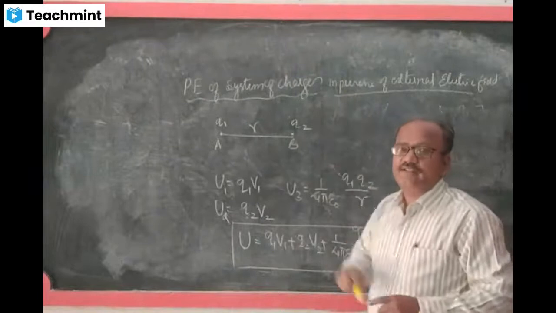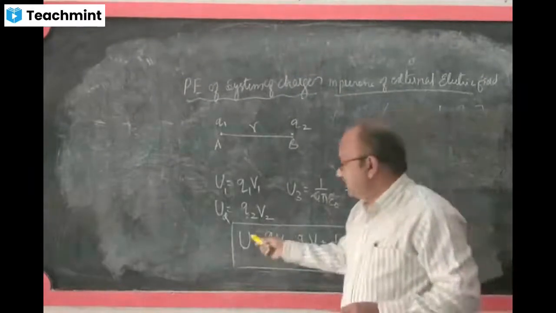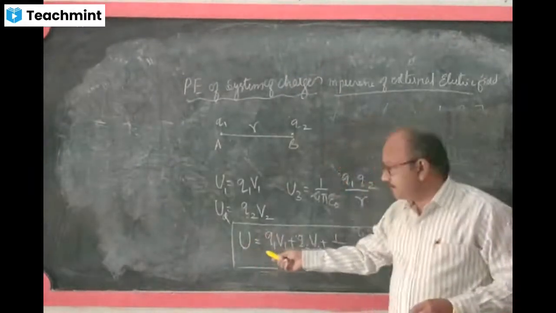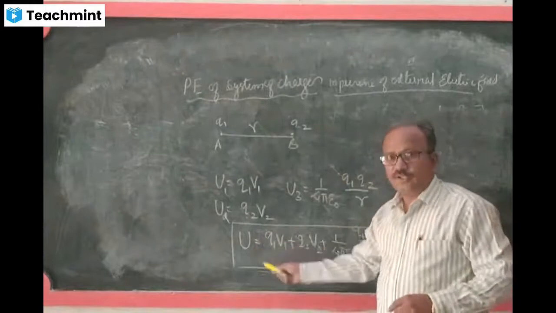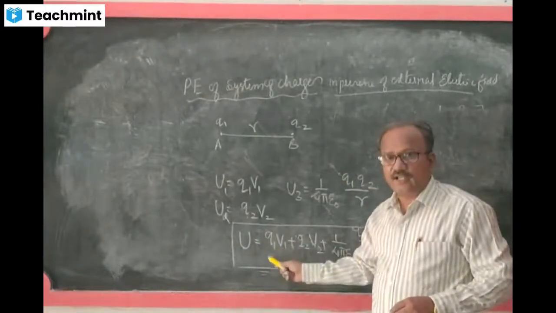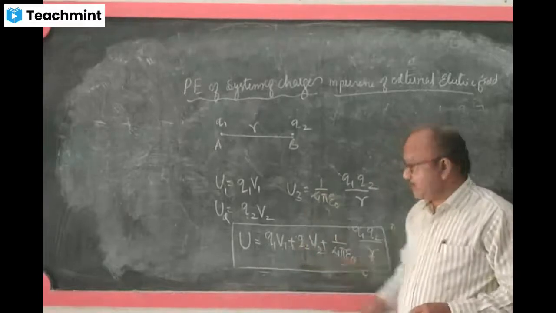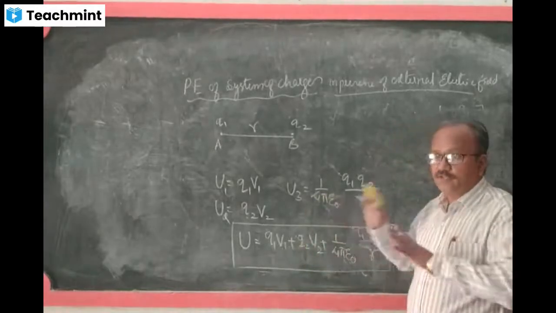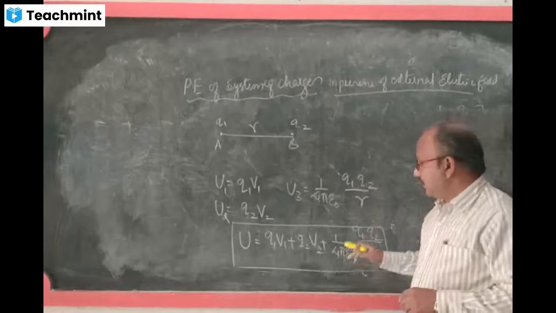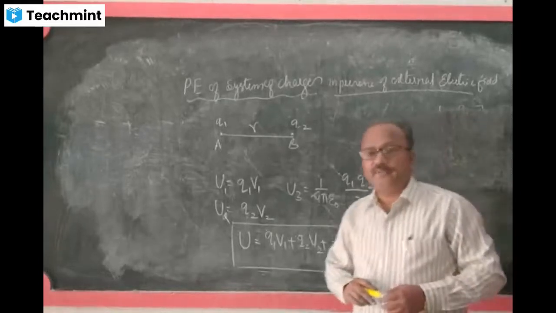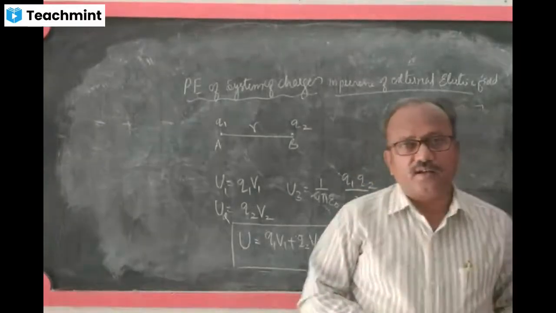In the presence of an external electric field, you have to write the potential energy like this. That is, U is equal to the potential energy of the first charge at point A, plus the potential energy of the second charge at point B, plus the potential energy between the two points A and B, that is 1 divided by 4 pi epsilon naught Q1 Q2 by the distance.